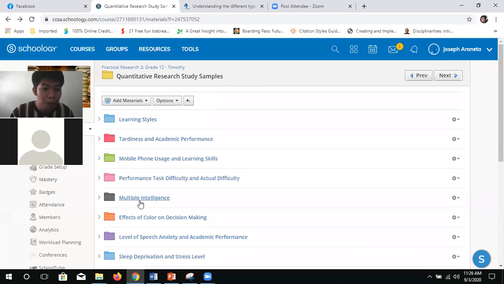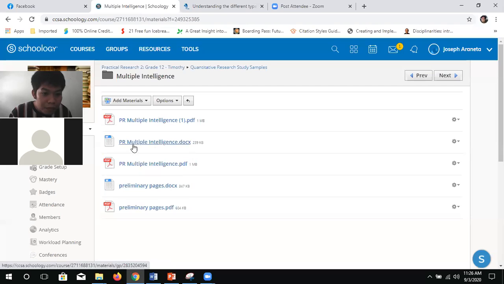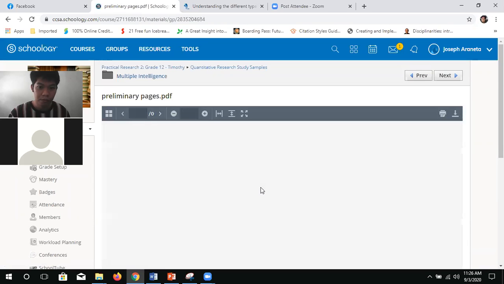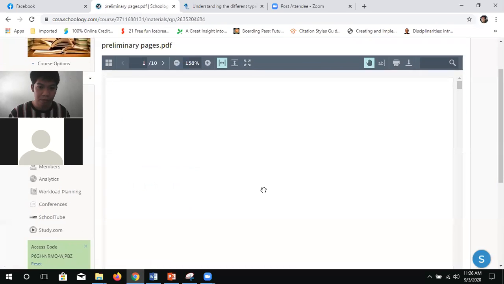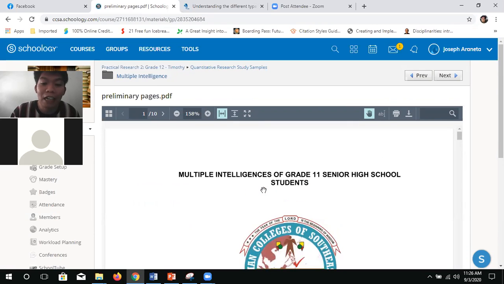Ito rin, itong multiple intelligence, univariate din ito. Multiple intelligences of grade 11 senior high school students. Respondents.